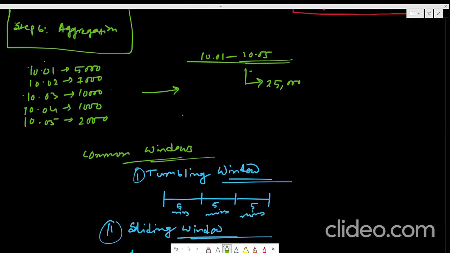In that way Flink can maintain a state that the total aggregation is 25,000, and the total transactions, 5 transactions happened. What is the average? The total is 25,000, and you can divide it by 5. So we can get the average from that. So it is stateful.